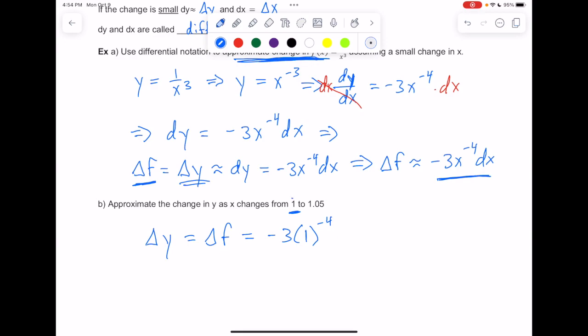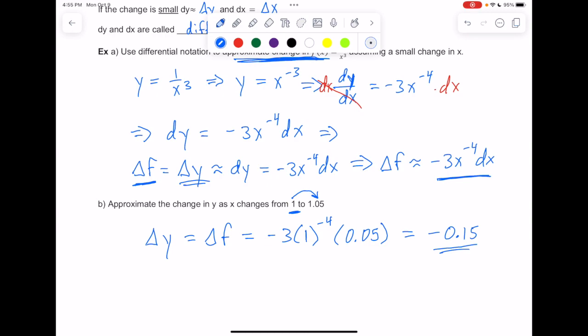And if you go from 1 to 1.05, how much of a change in x is that? We're adding 0.05 to 1. So the change in x is 0.05. 1 to the negative 4 is still 1, so we just get negative 3 times 0.05, so we get negative 0.15.